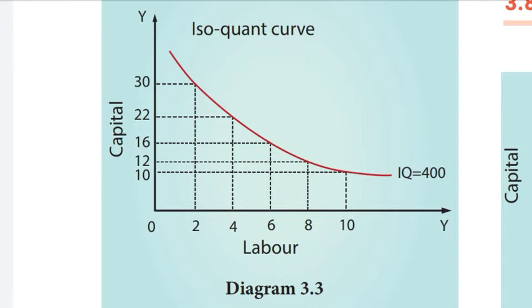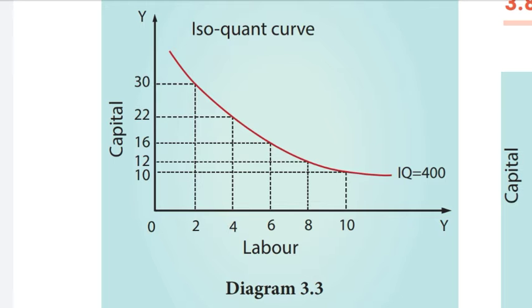Isoquant curve. An equal product curve represents all those combinations of two inputs which are capable of producing the same level of output. An isoproduct curve can be drawn with the help of an isoquant schedule. The two axes measure the quantities of labor and capital, and the curve IQ shows the different combinations that produce 400 units of output.